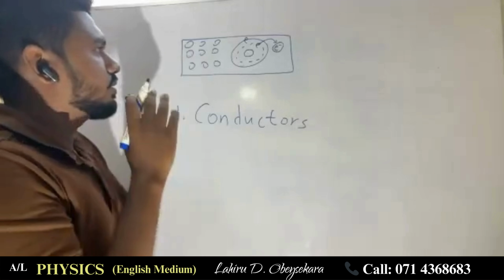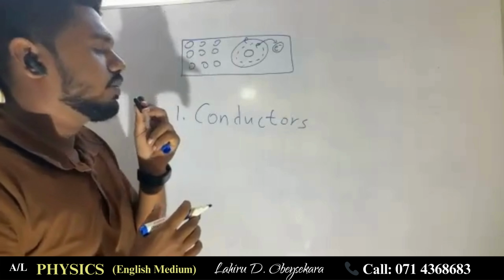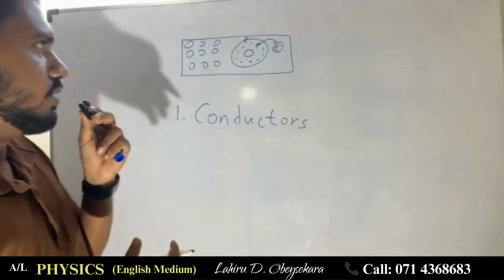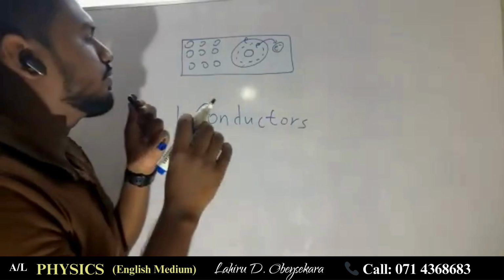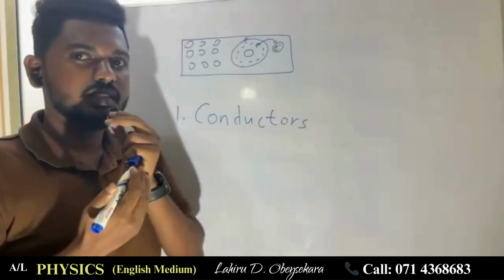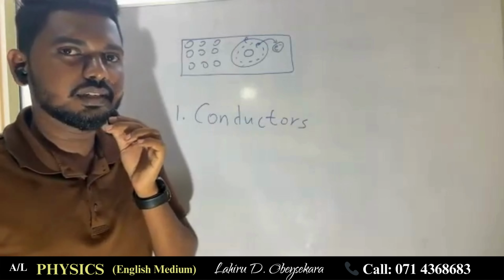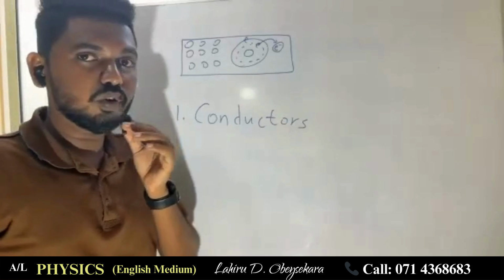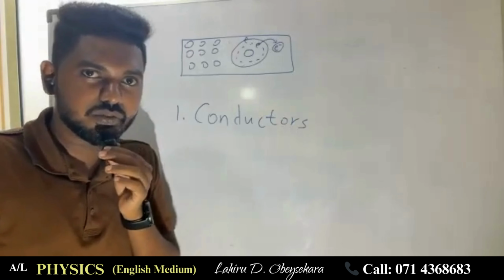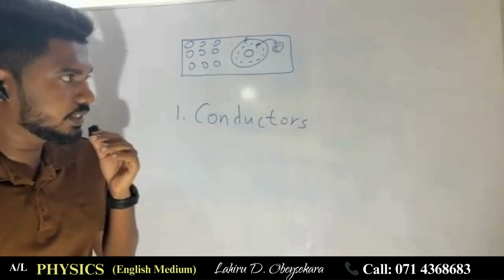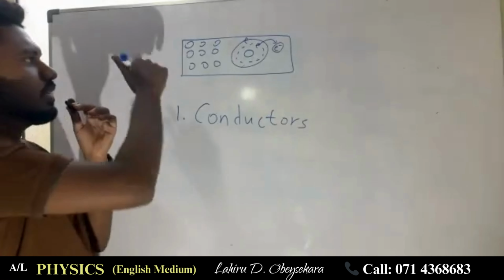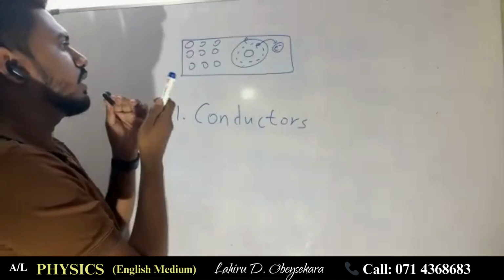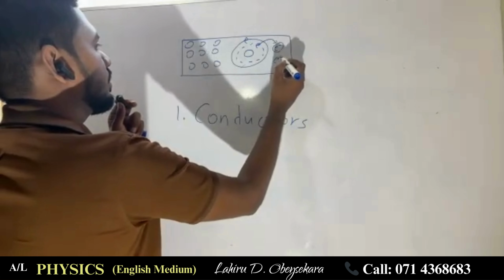When we consider a piece of metal block, there are many atoms. So if one atom emits one electron, what happens? There are so many electrons. That means if we consider a metal piece, there are many electrons.